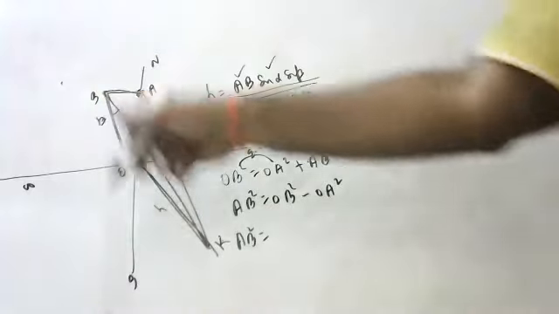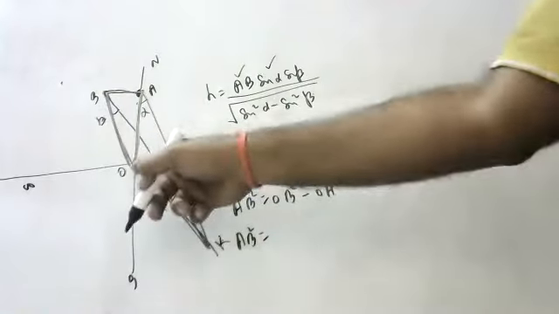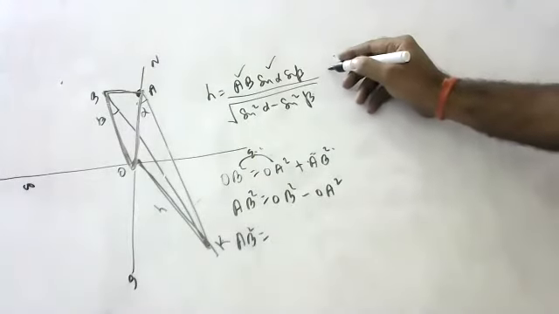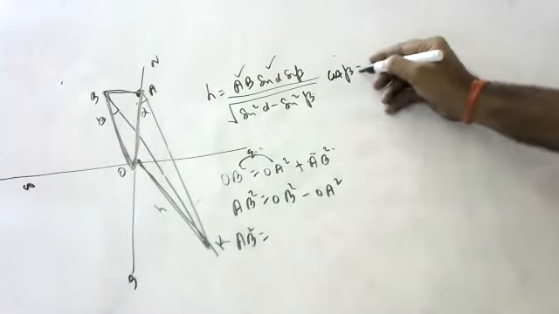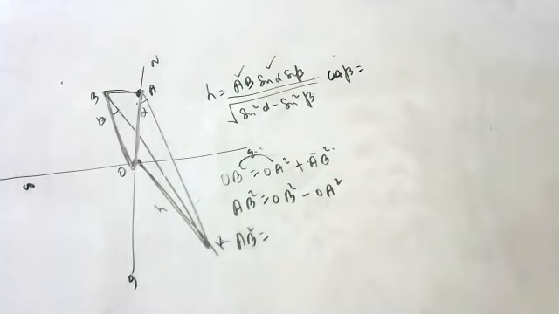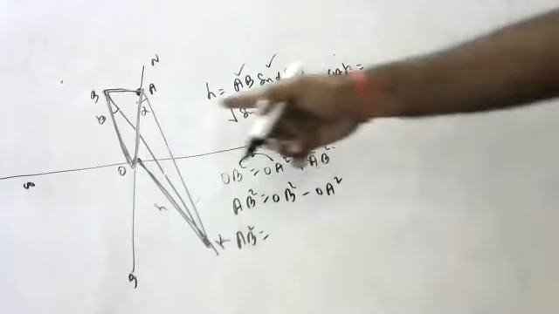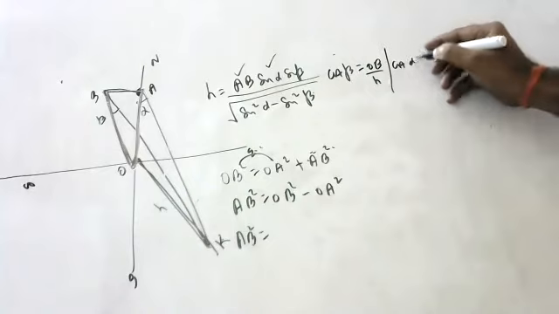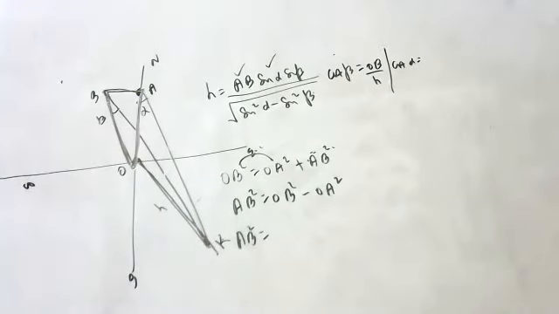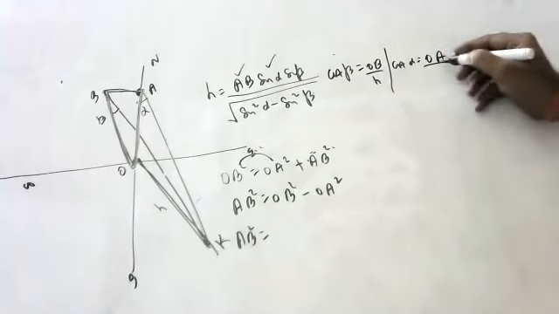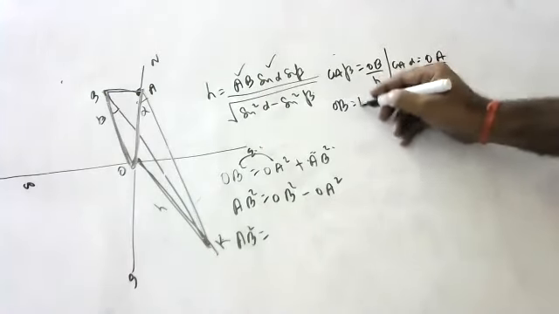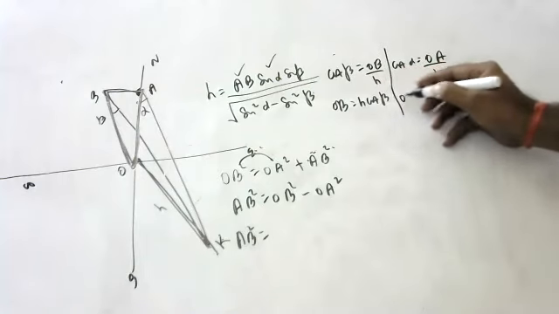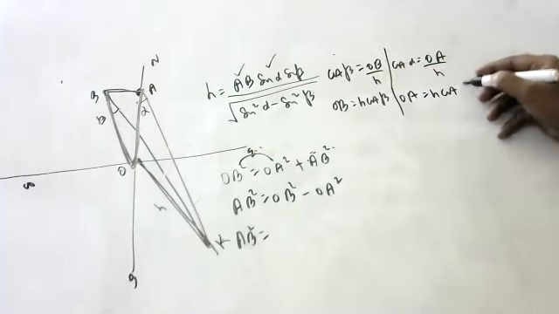Tell me cot beta: it is OB by H. Cot alpha is OA by H. So OB is H cot beta and OA is H cot alpha.